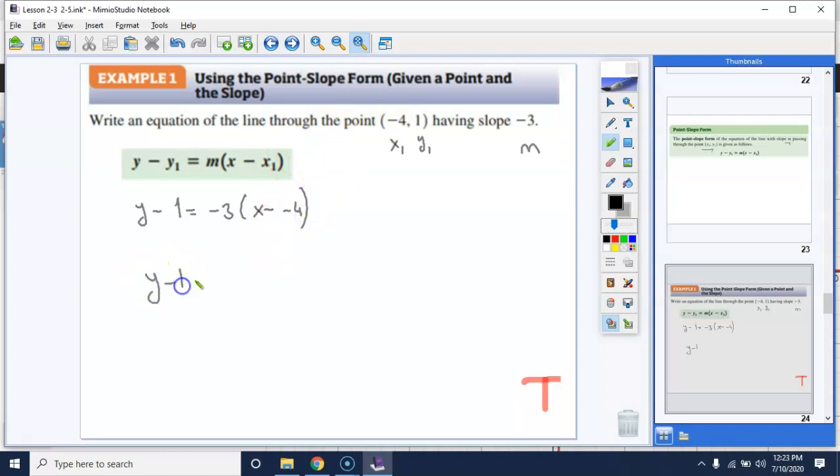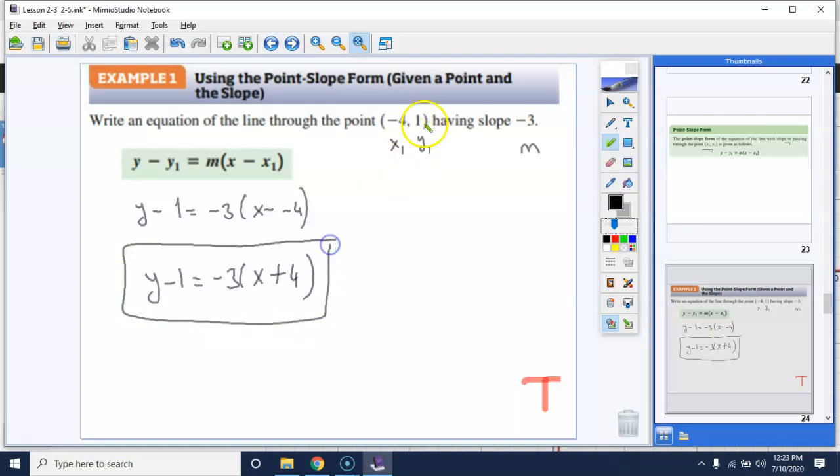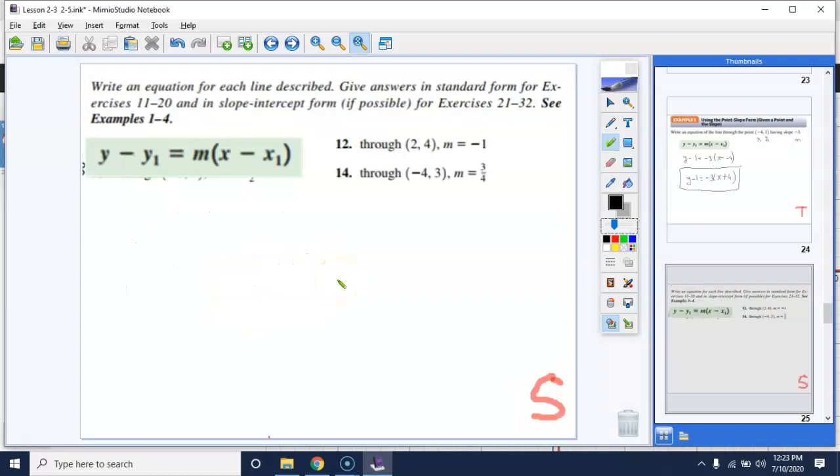So it's y minus 1 equals -3 times x plus 4. That's the equation of the line that goes through this point and has a slope of -3, and that's my answer. Please do the same thing for these two questions.